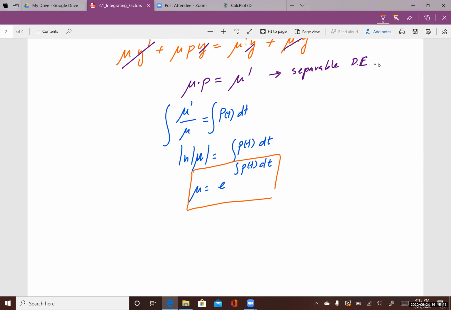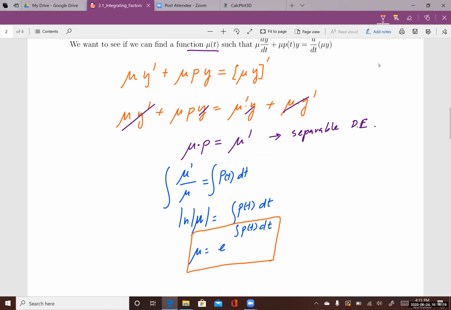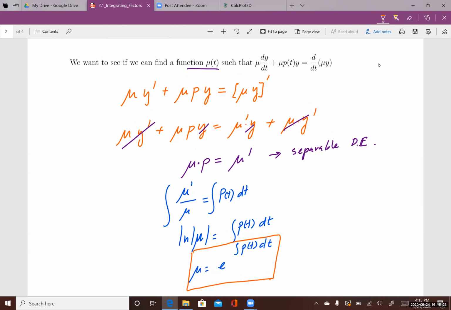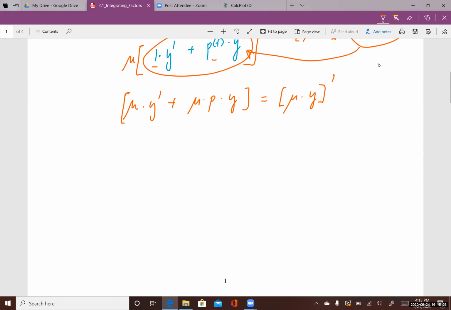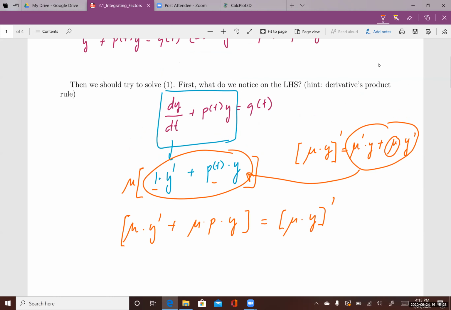So I just found this function mu of t, right? All these functions here are functions in terms of t. Once I found mu, then I can multiply that function into these equations right here.